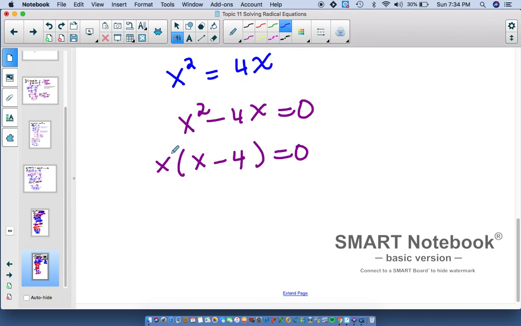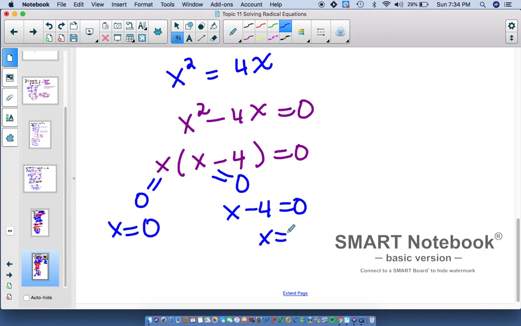All right, two quantities are being multiplied to give me 0, which means the zero product property tells me I can set each piece equal to 0 and solve. The first piece I don't have to do anything with because x equals 0, you already have x. The second piece, x minus 4 equals 0. If I wanted to solve for x, I would add 4 to both sides, so x equals 4.